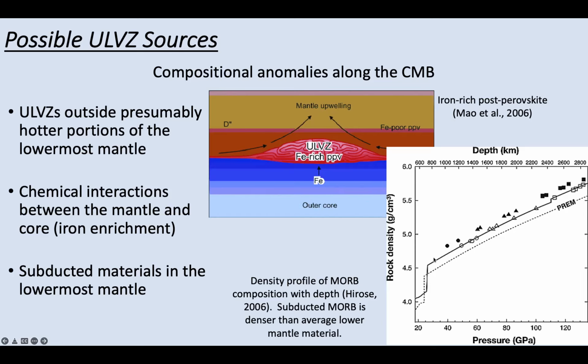The solid line, which is fit to the data points that you see, is the expected change in density, again, with depth or pressure for MORB, mid-ocean ridge basalt. And what these results indicated was that subducted MORB is significantly denser than average lower mantle material. So again, this might provide some sort of compositional anomaly that could be tied to ULVZs.